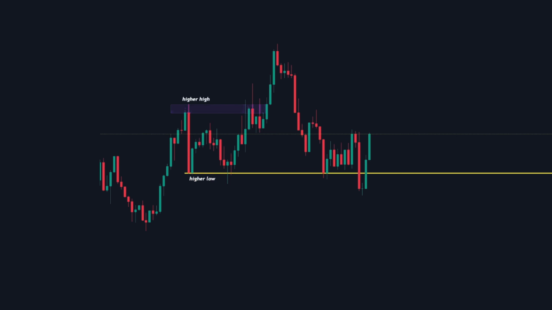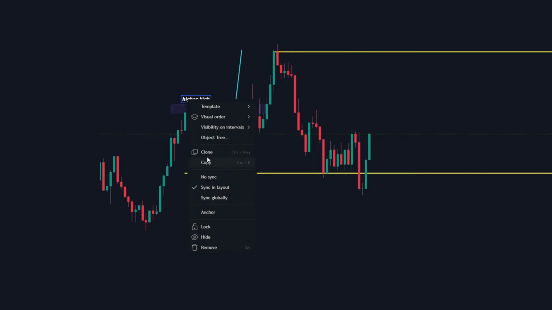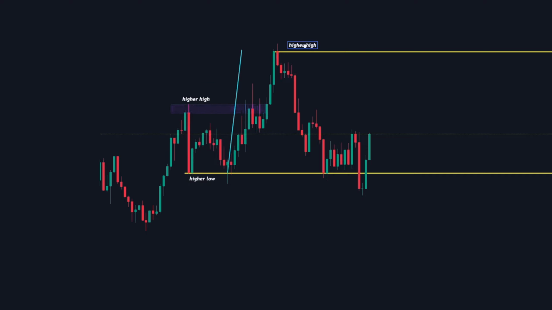So price is shooting upwards from this higher low, and it is creating a new higher high at this point here. So here we can say that buyers are in control.